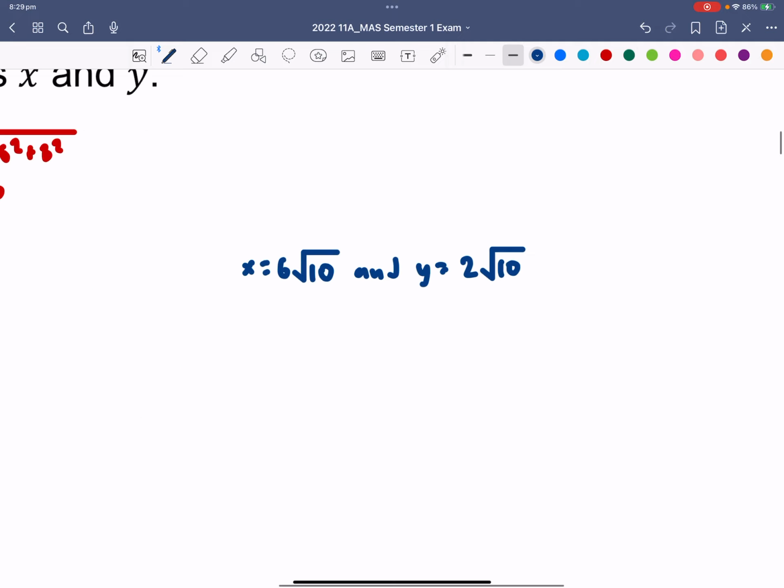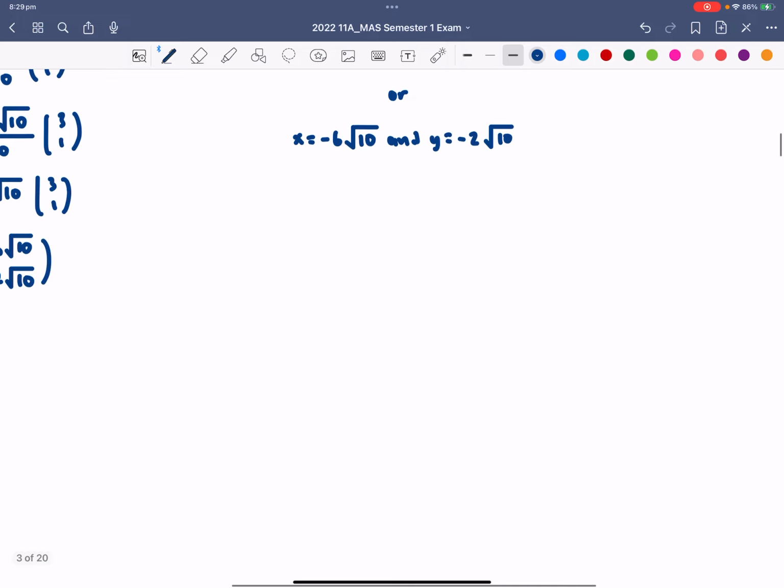Or x is negative 6 root 10 and y is negative 2 root 10. Those are your two possible options. Nice question. Make sure you listed both of them. It was important that we listed both those options. Alrighty, cool.